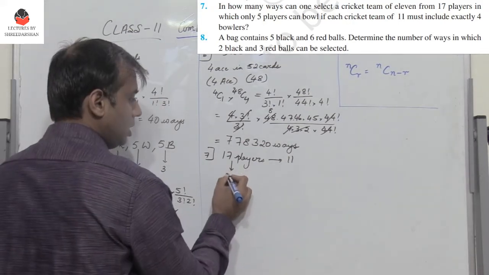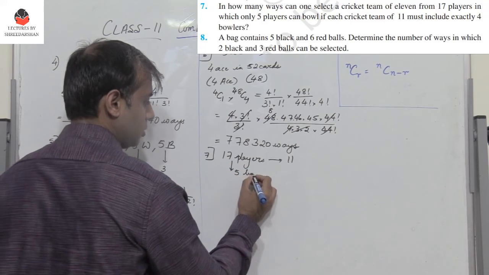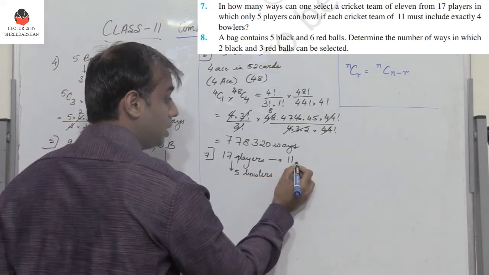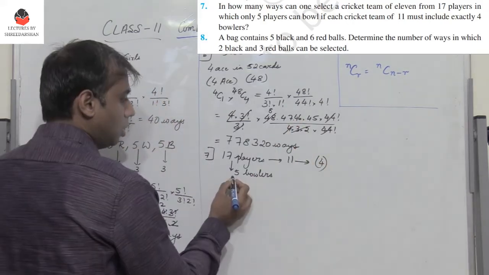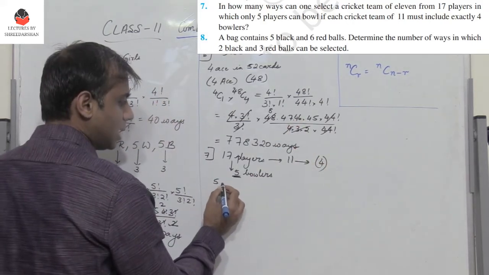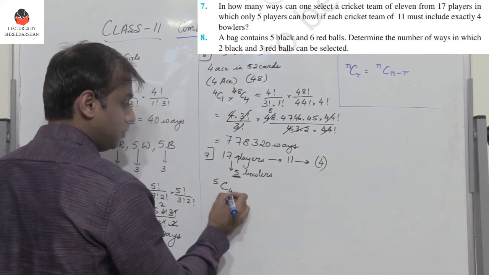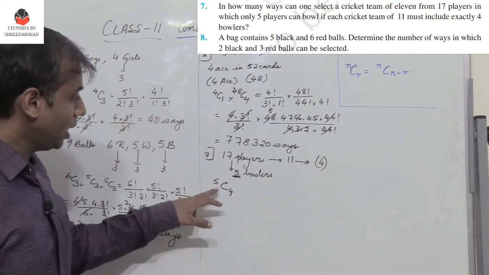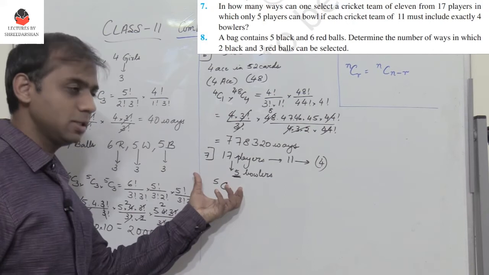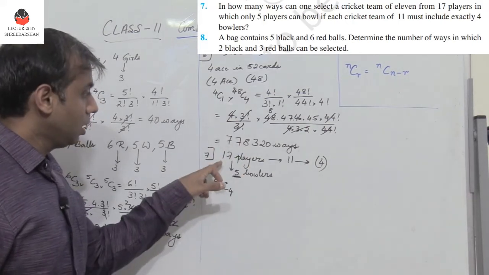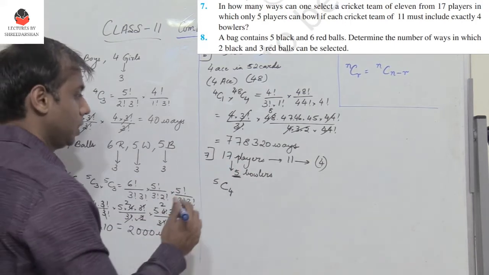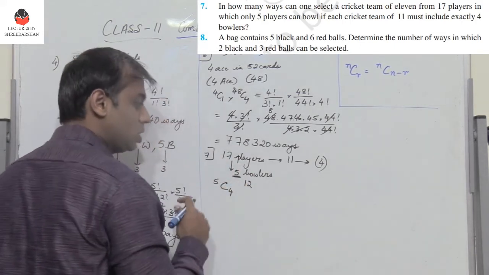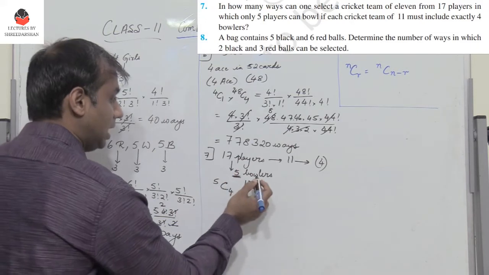So here among these 17 there are 5 bowlers, but in this cricket team you should have exactly 4. So among 5 bowlers I have to select 4, so it's going to be 5C4, right? So I am selecting 4 from 5 bowlers, and then among the remaining, what is 17 minus 5, which is 12. So among the remaining 12 who are non-bowlers, I select the remaining.